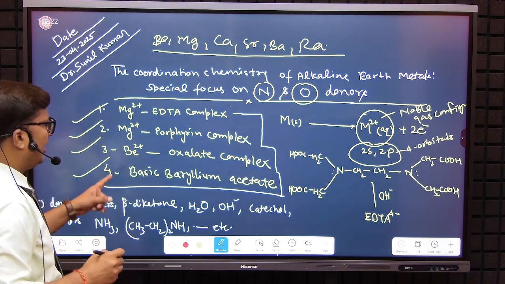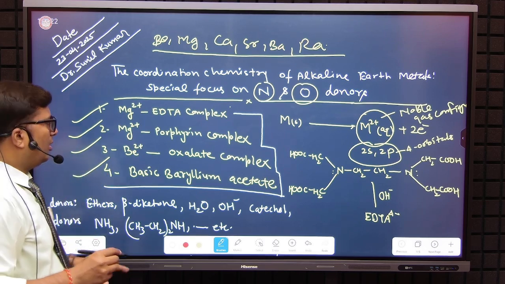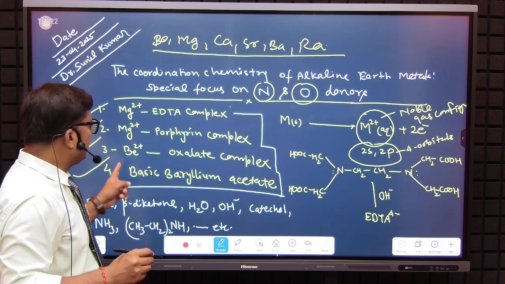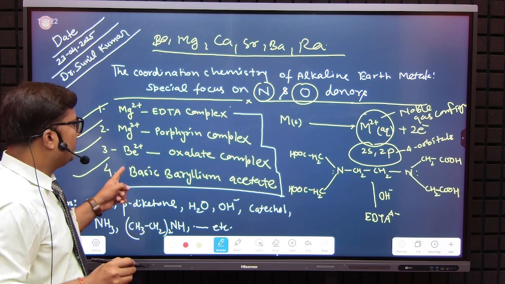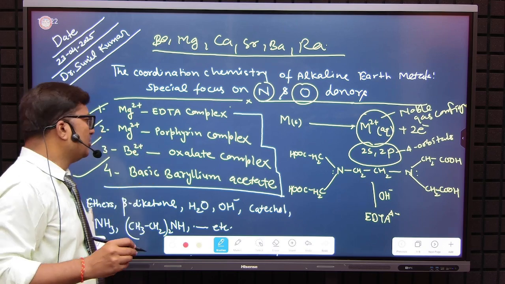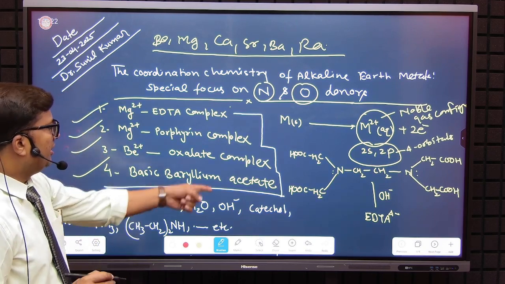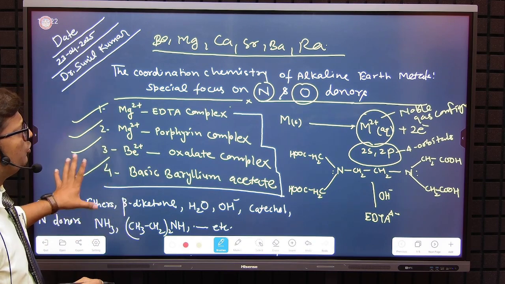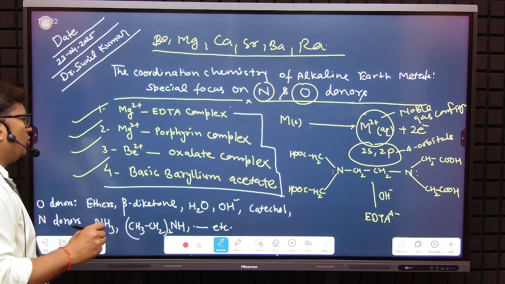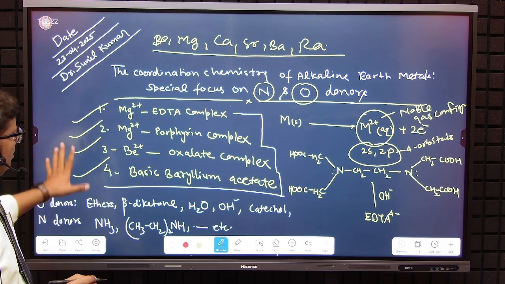In the previous lecture, we also gave the complex formation tendency of beryllium 2+ with respect to acetate ions. So that is called basic beryllium acetate. So we will especially focus today on nitrogen and oxygen donors to form complexes, right?